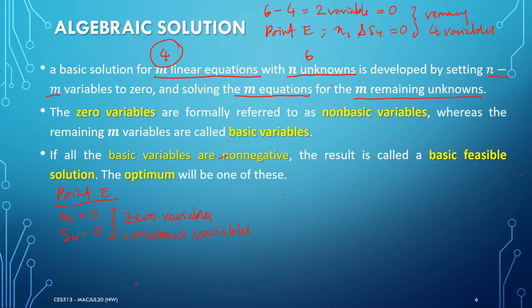Whereas the remaining, since we have 6 total variables, the remaining is x2, s1, s2, s3. The remaining is 4 variables, considered as basic variables.